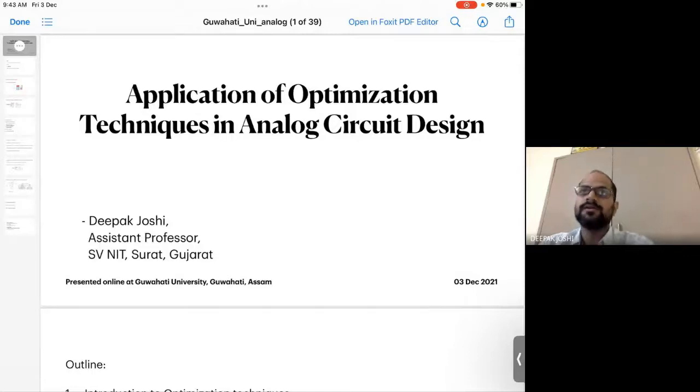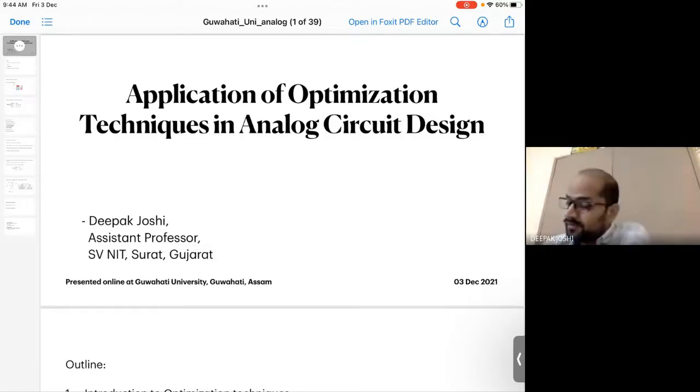They have developed their setup of this optimization algorithm, and they are applying better models of the transistors used for fabrication. So let's start.